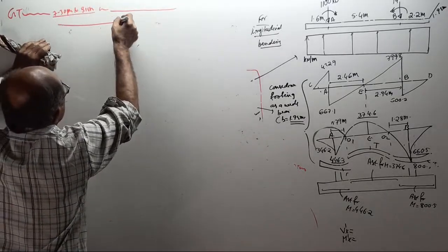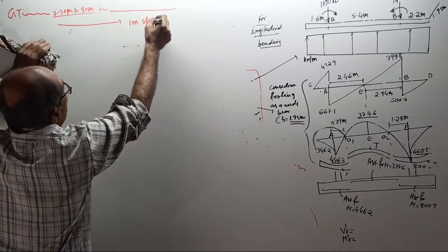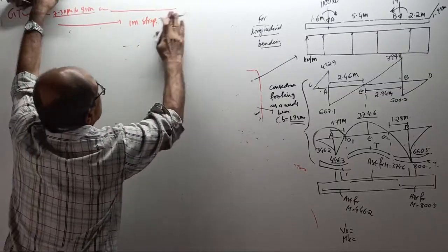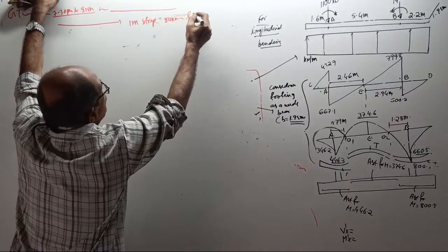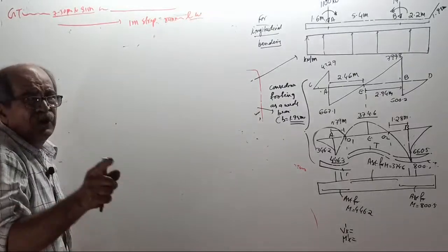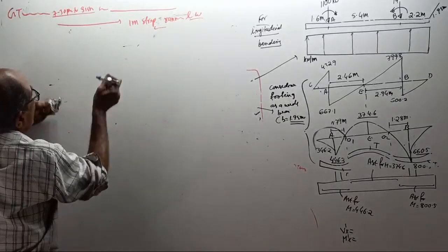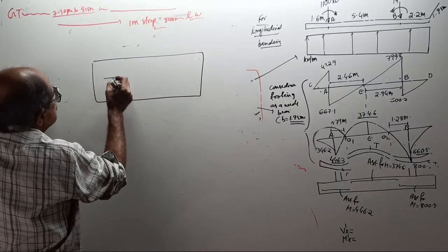Finally, the conclusion is that we will take a 1 meter strip under the column, a 1 meter strip running lengthwise. I won't write why. You should write: running lengthwise under the column. I won't write again now.